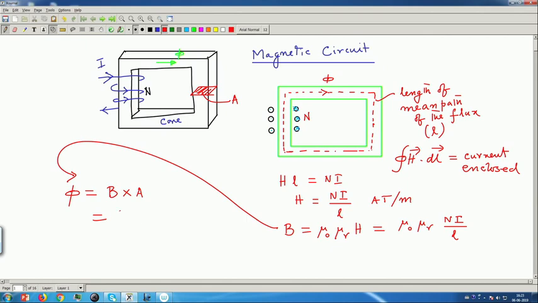So, I substitute that mu 0 mu r N I by L, this is H, into area.